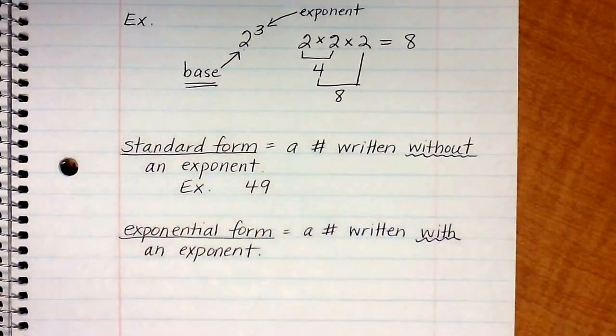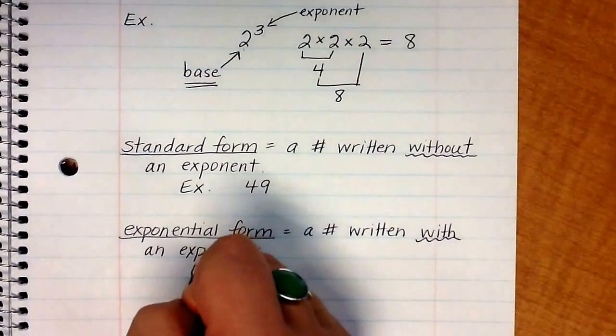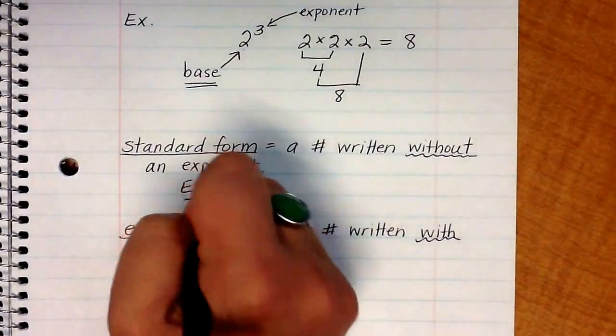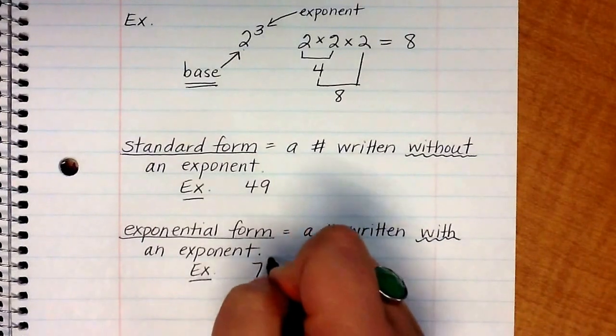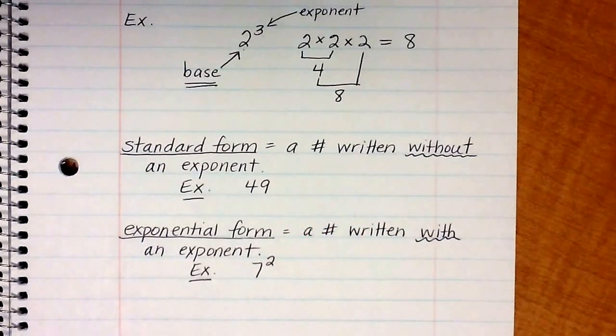So I'm sure you can already guess, but an example of that would be 7 to the second power, or 7 squared.